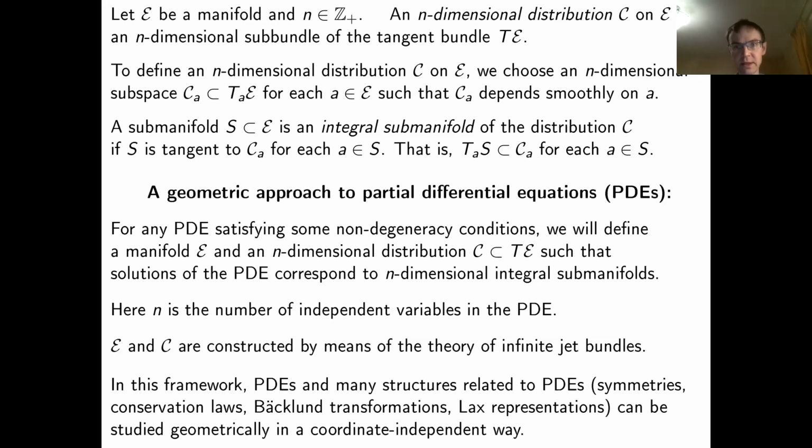And this approach turned out to be particularly useful in the study of integrable PDEs, especially soliton equations, because many structures related to integrable PDEs, such as symmetries, conservation laws, Bäcklund transformations, and Lax representations, can be studied geometrically in a coordinate independent way using this approach. And I will present a development of this approach in order to obtain new results on Bäcklund transformations.